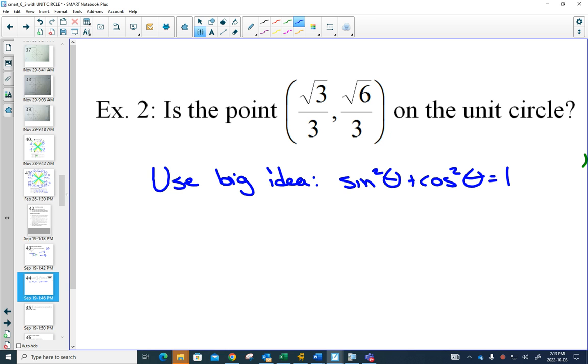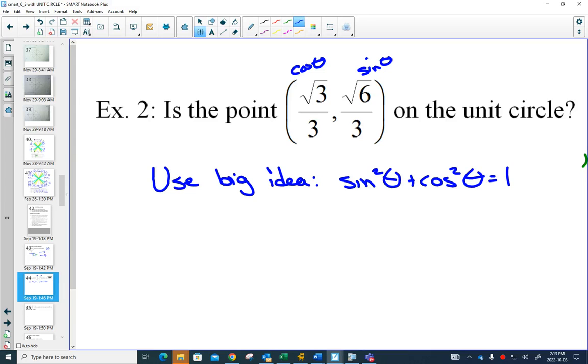Sine squared theta plus cos squared theta has to equal 1. If this point is on the unit circle, then this is cos of the angle, and this is sine of the angle. If we square them, and it equals 1, it's on the unit circle.